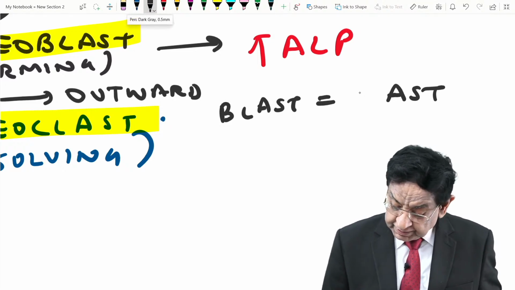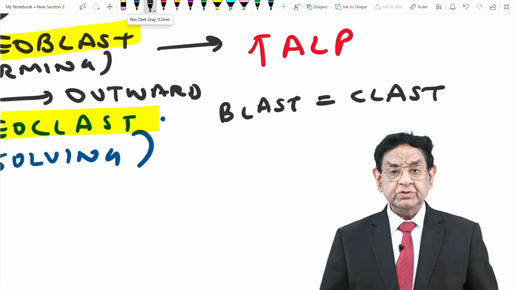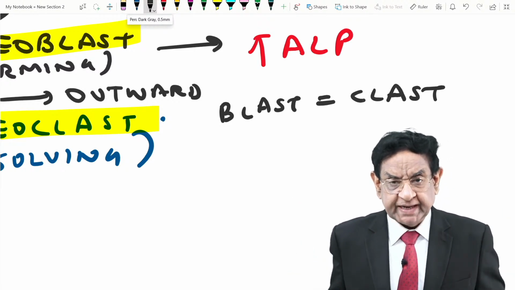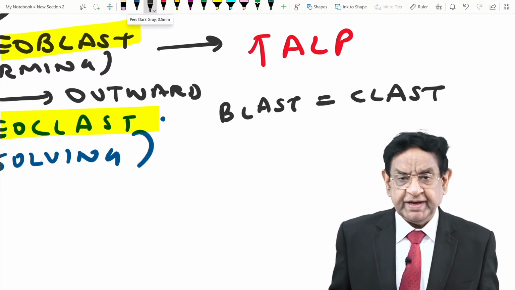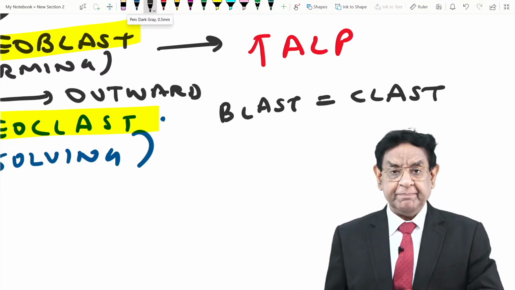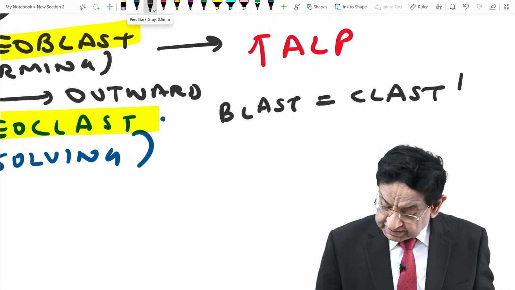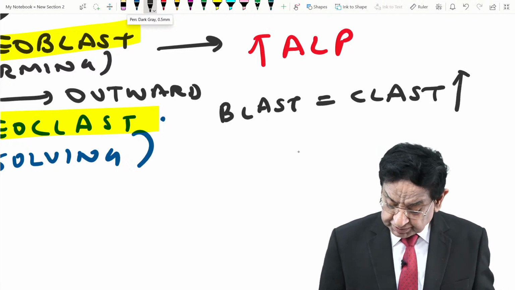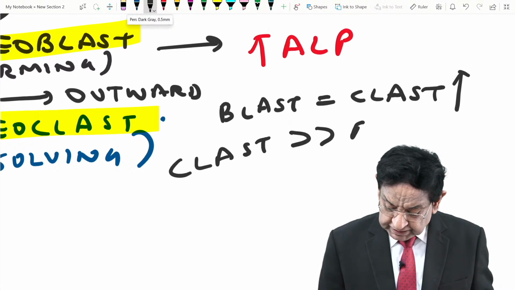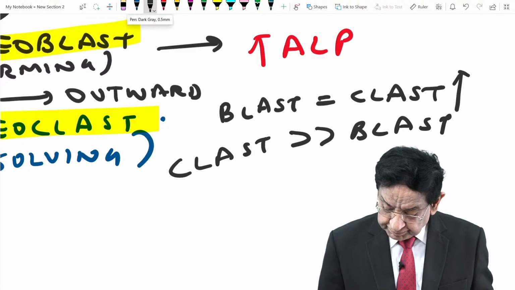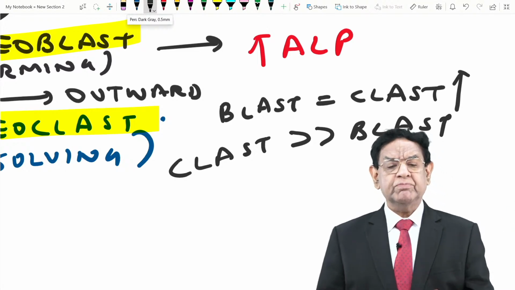Whatever is getting removed, the same is getting deposited, so the bone is maintained in the normal shape. We know very well that in hyperparathyroid, the class activity is much more than the blast. So it will try to resolve more and more bone.